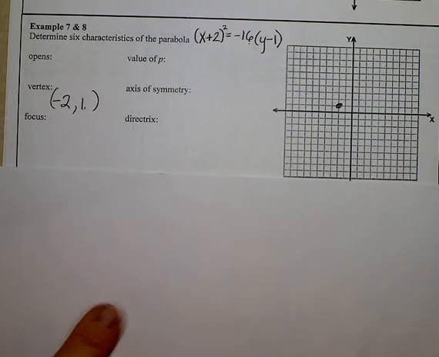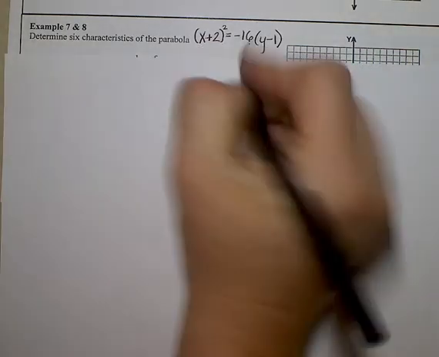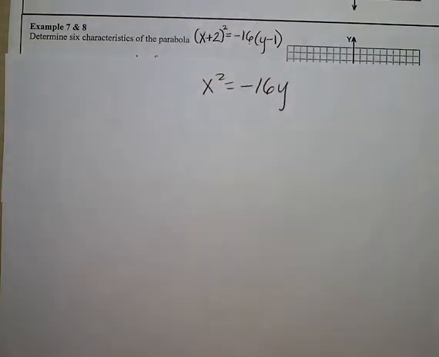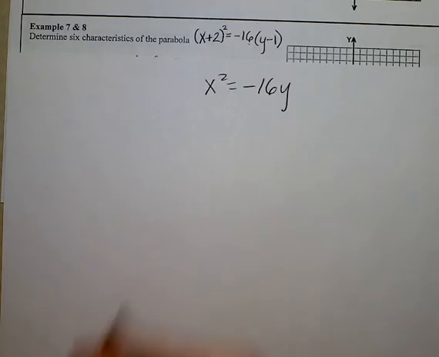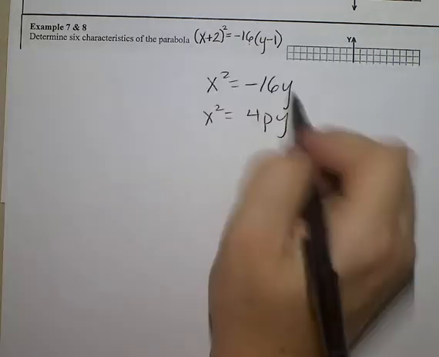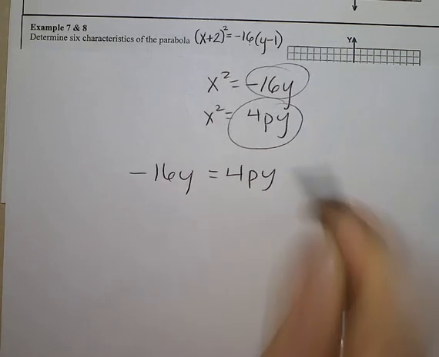Okay, next up, let's determine the p-value. So right now, forget about this 2 and the negative 1 and write x squared equals negative 16y. Underneath it, write this equation. Using substitution, set these two equal.